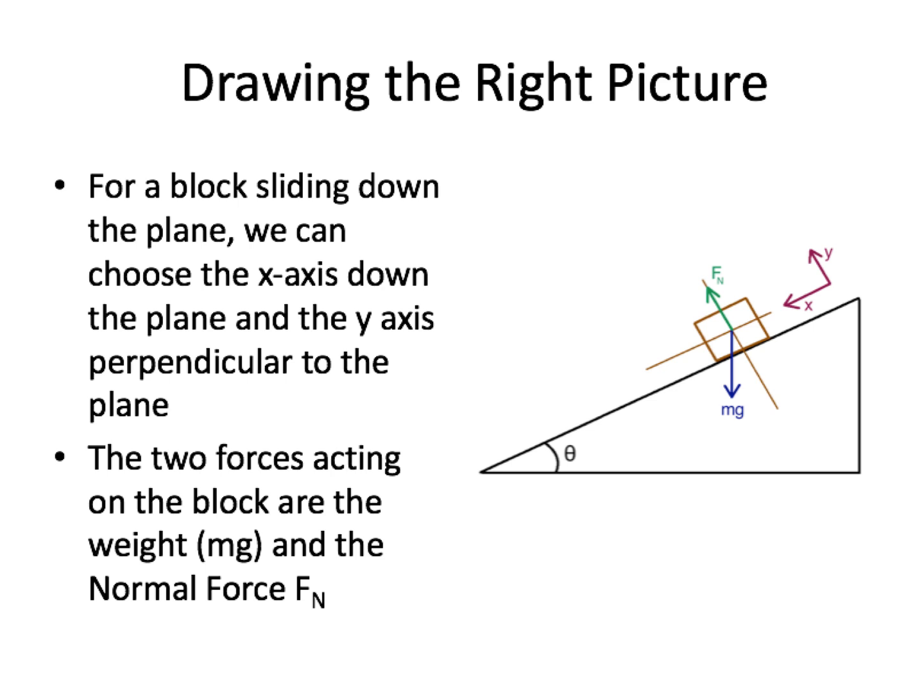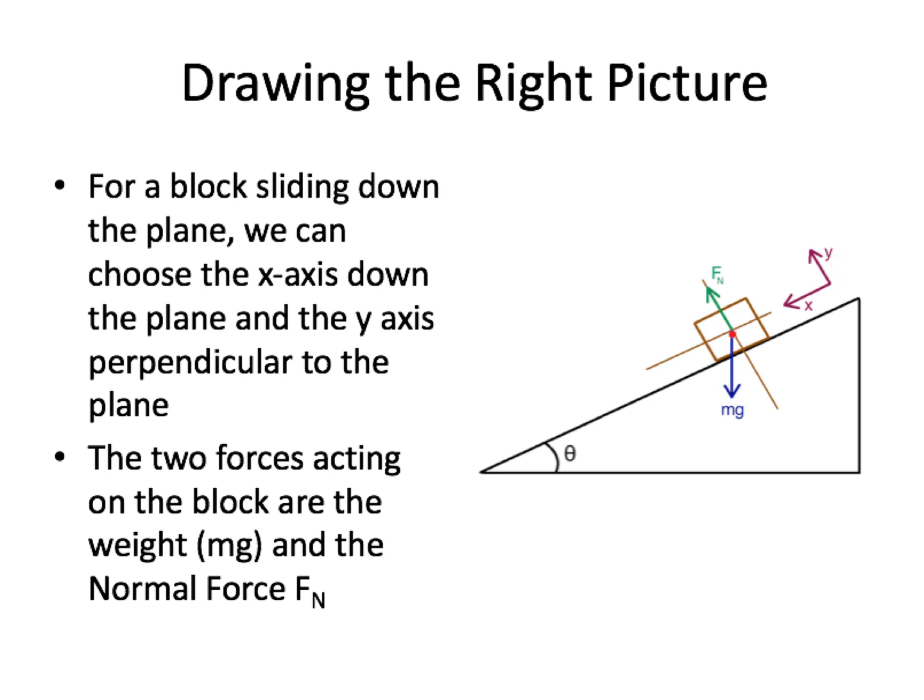Now, in this slide, I have my block, and I've drawn my forces on it. I have the two forces acting on this block. We already said there's no friction, so the only forces are the weight, which points straight down, the weight always points straight down, and the normal force, which points perpendicular to the surface. So the normal force is going to be pointing along the y direction, in that positive y direction.